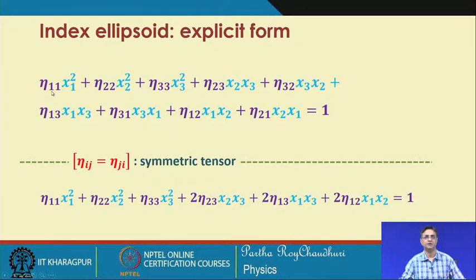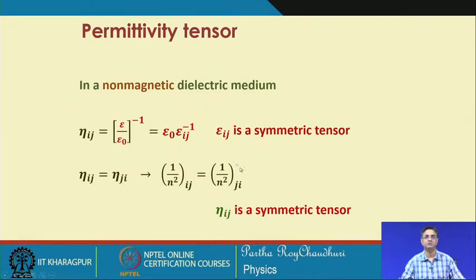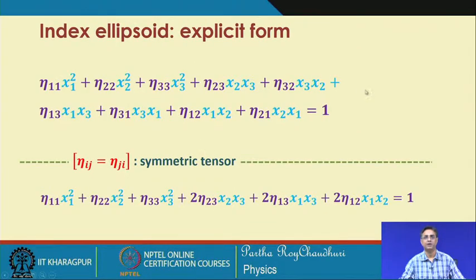Okay, so in the explicit form, if I have to consider all the elements, then it is x_1 square, x_2 square, x_3 square. So, again this is the complete general form of the ellipsoid equation, and when it is modified, this is again a symmetric nature of the tensor.